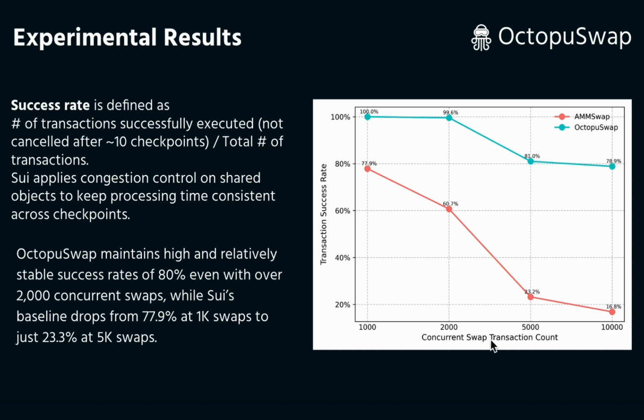As you can see in the chart, Sui's success rate drops from 78% at 1K swaps to just 23% at 5K. But in contrast, OctopuSwap holds steady at 81% at 5K and still 79% at 10K.